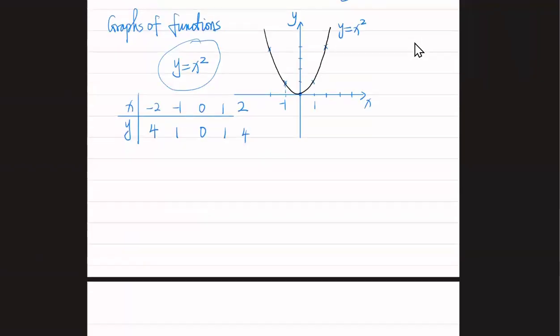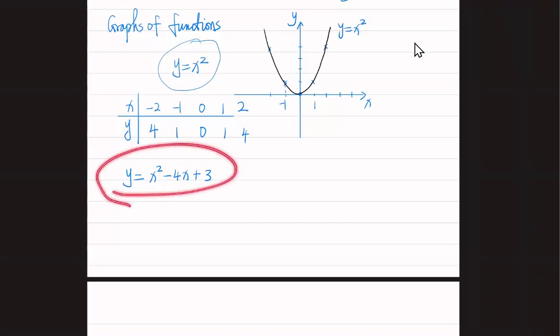Okay, let's graph another one. Y equals... So how do we graph this function? Okay, let's think about how we graph this function. Fred, what would you do, Fred?